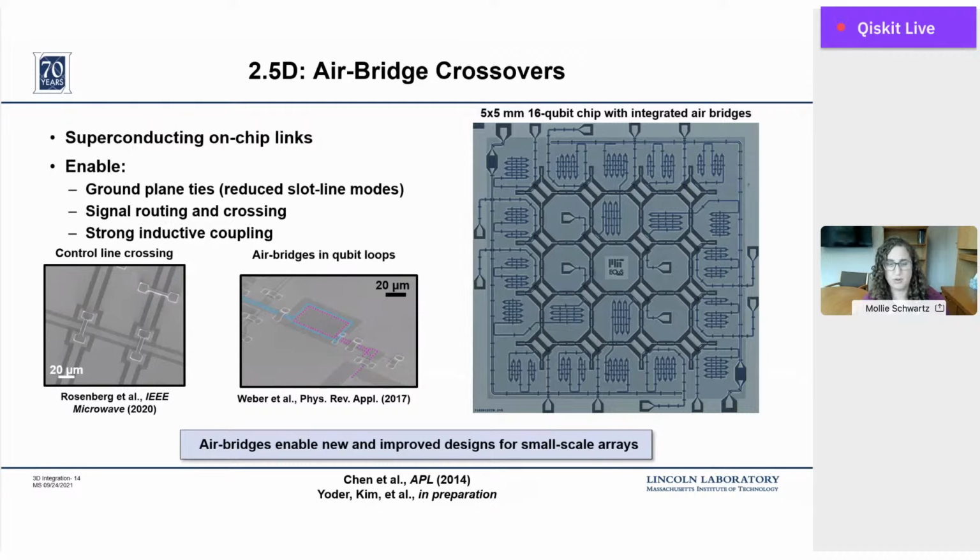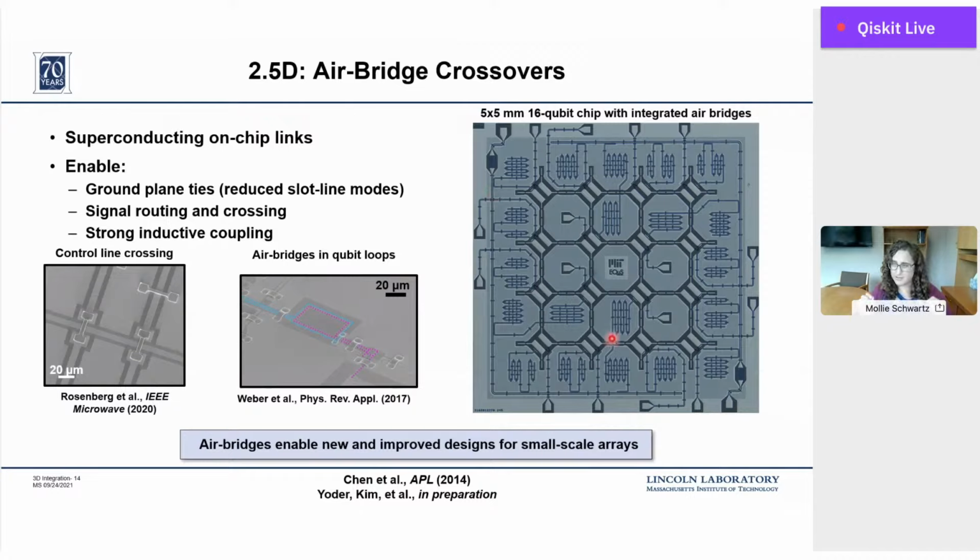of qubits. So what I'm showing at the right here is a 16 qubit chip that's on a 5x5 millimeter die. And if you look closely, you can see control lines jumping over one another, coming into the qubit, readout lines that are passing over and under qubit control lines that are going in and out.